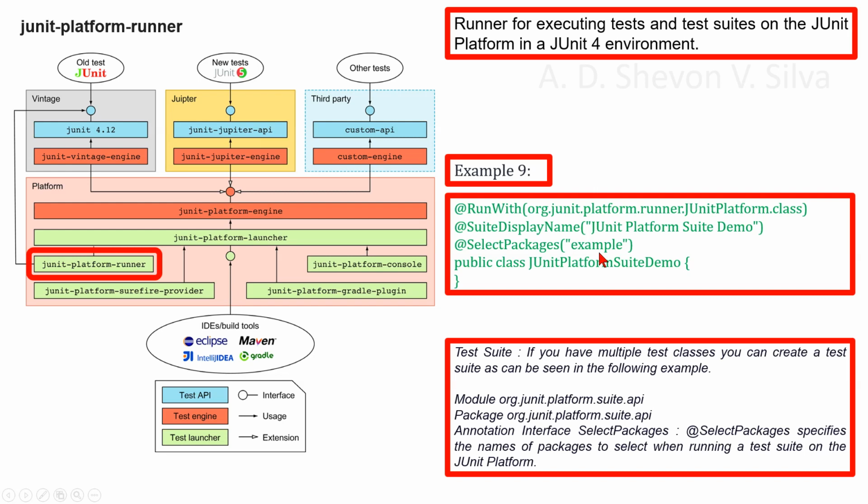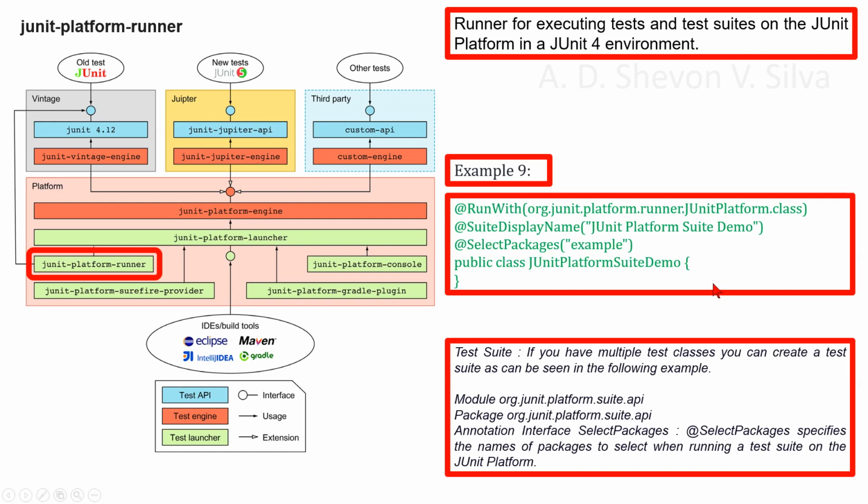By default, it will only include test classes whose names either begin with Test or end with Test or Tests. Additional configuration options: there are more configuration options for discovering and filtering tests than @SelectPackages. Please consult the Javadoc of the org.junit.platform.suite.api package for further details.